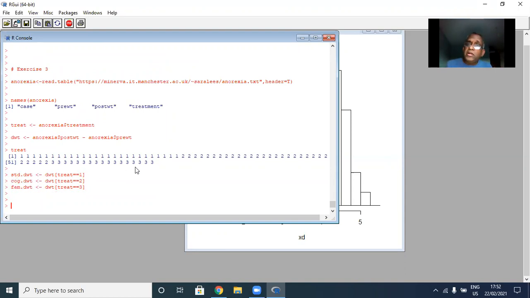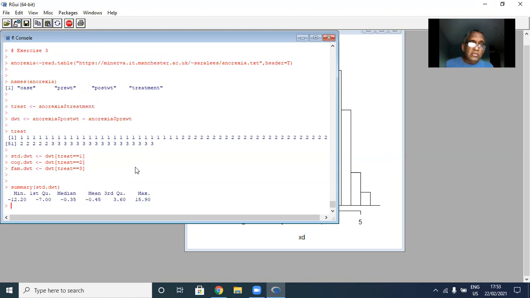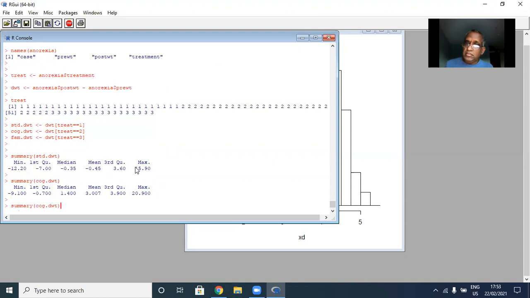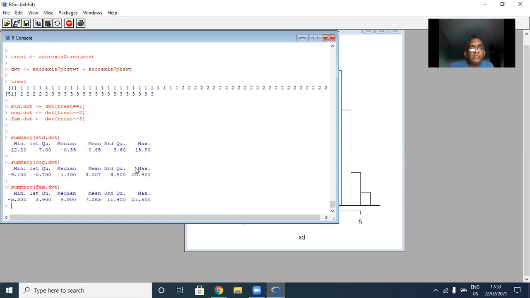Okay, now I'm going to compare the summary statistics. So the summary of the differences in weight when treatment is 1 is this one, right? When treatment is 2, you get this. When treatment is 3, you get this. Now, looking at the summary statistics, you see that the weight has changed a lot when the treatment is 3, right?